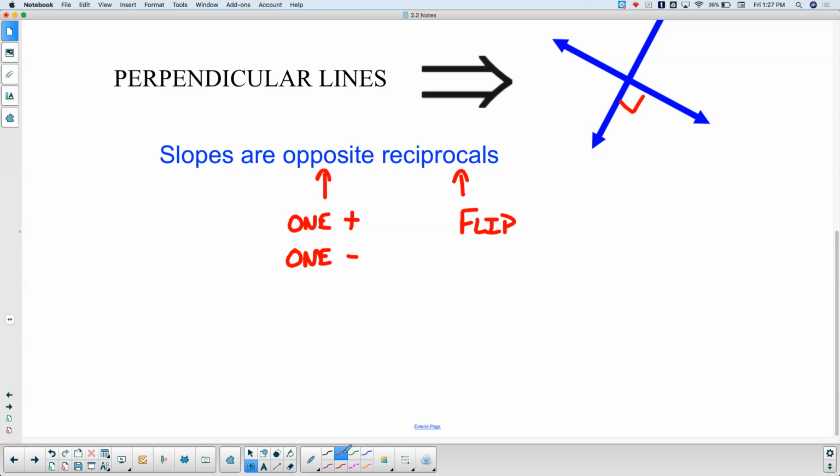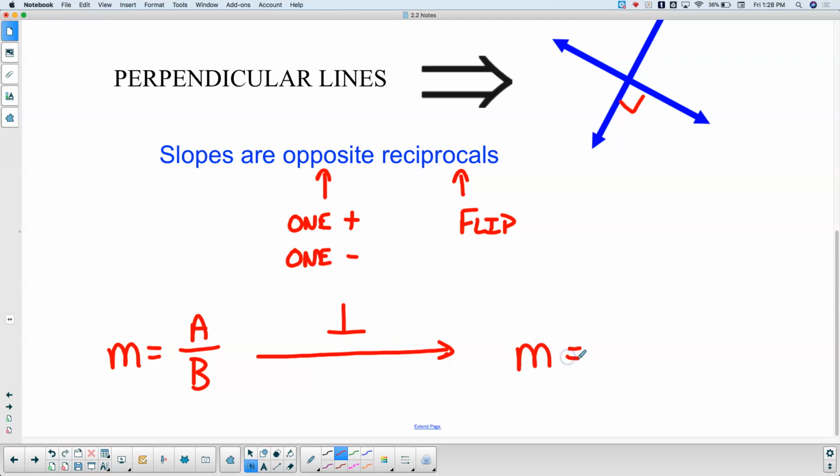So if the slope of my first line is A over B, the perpendicular slope, and that's the symbol there for perpendicular, an upside down capital T, is just negative B over A. Because if it's negative B over negative A, then it becomes just B over A, and we simplify. So one of them has got to be negative.